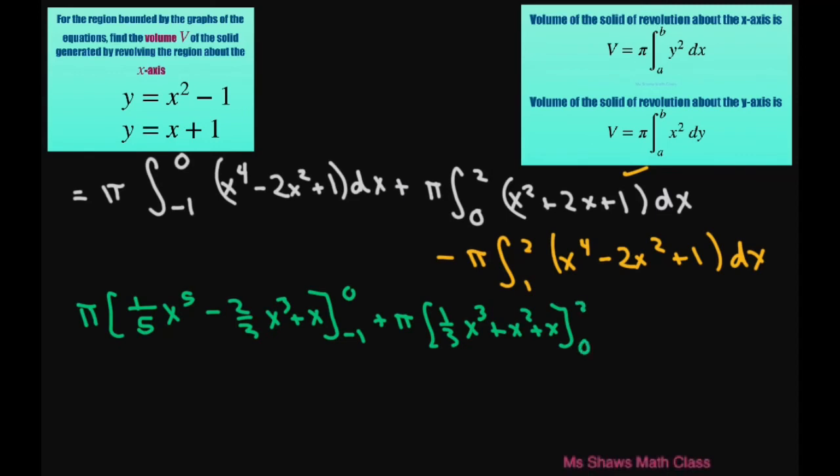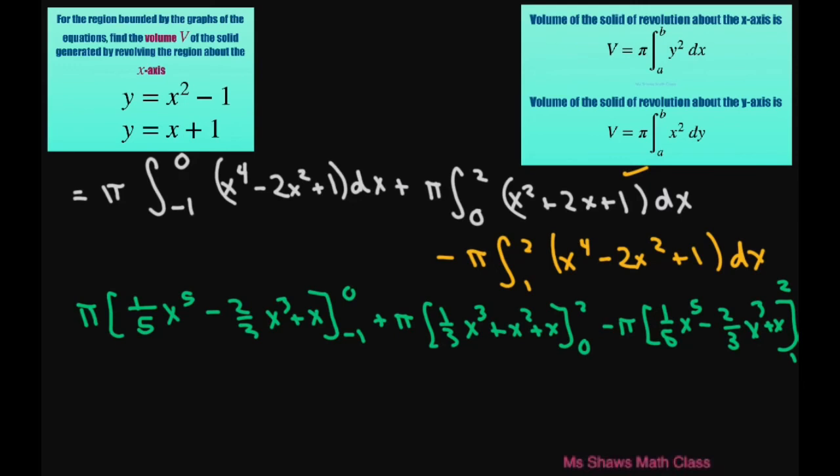And then this one's going to be minus pi times 1/5 x to the power of 5 minus 2/3 x cubed plus x, from 1 to 2.